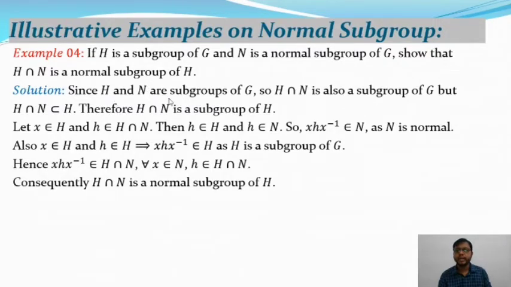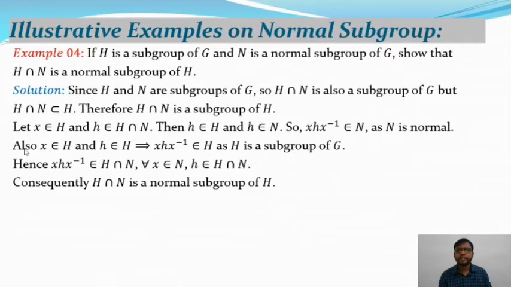Since H and N are subgroups of G, H intersection N is also a subgroup of G. This is one of the properties of a subgroup: the intersection of any two subgroups is a subgroup. So that means H intersection N is a subgroup. But H intersection N is a subset of H. So therefore H intersection N is a subgroup of H.